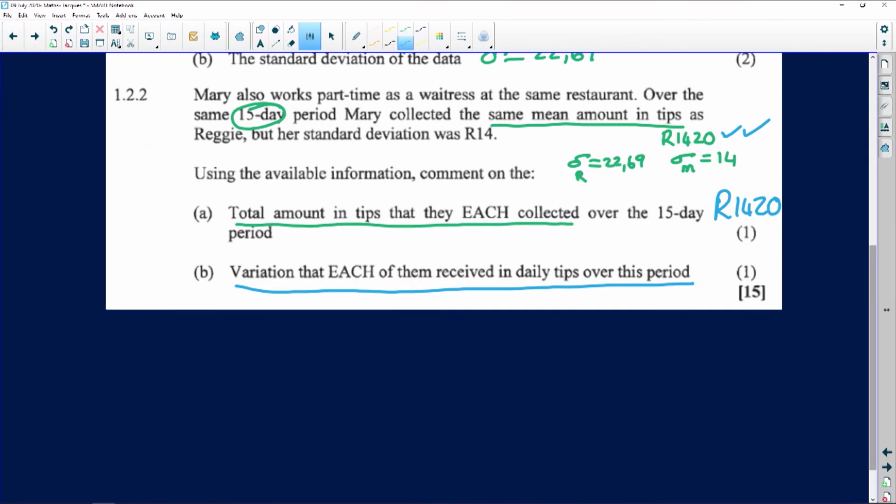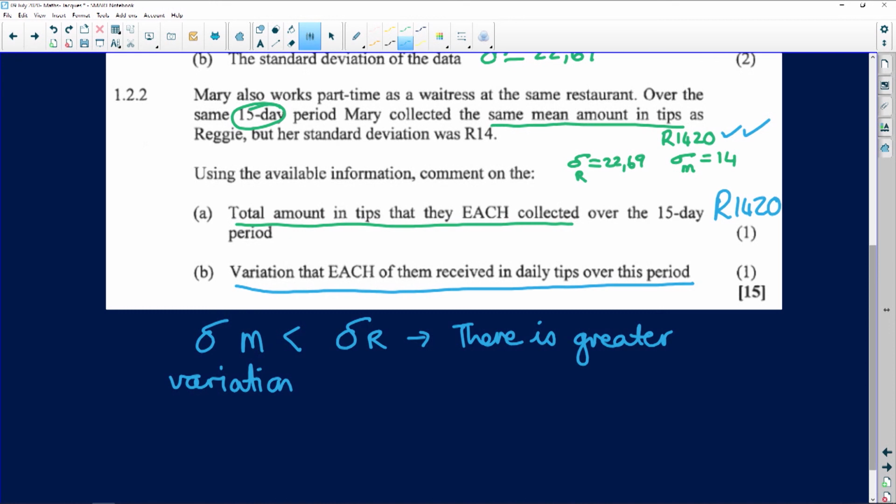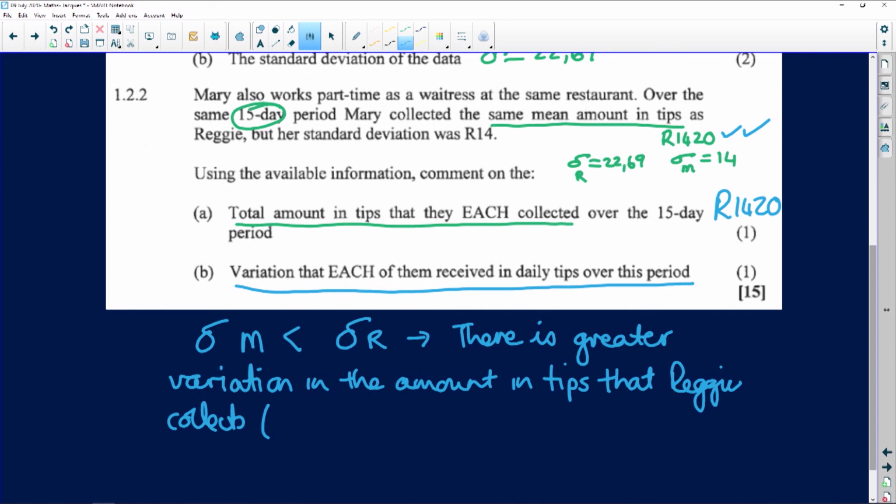So if we need to write that down, we can say that because Mary's standard deviation is smaller than the standard deviation for Reggie, there is greater variation in the amount in tips that Reggie collects daily or per day than Mary.